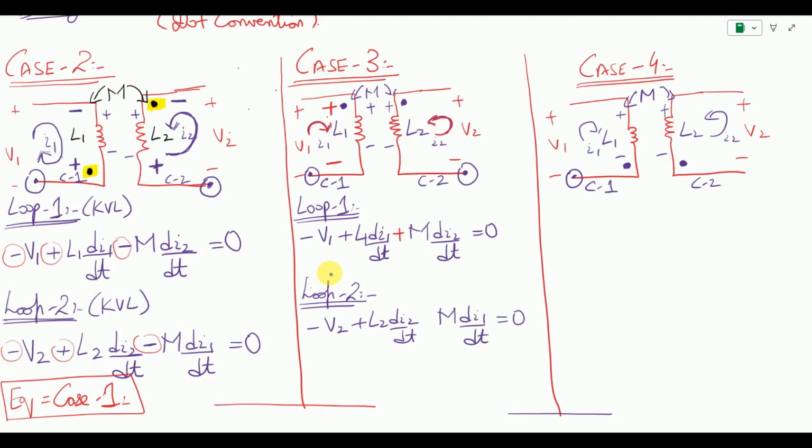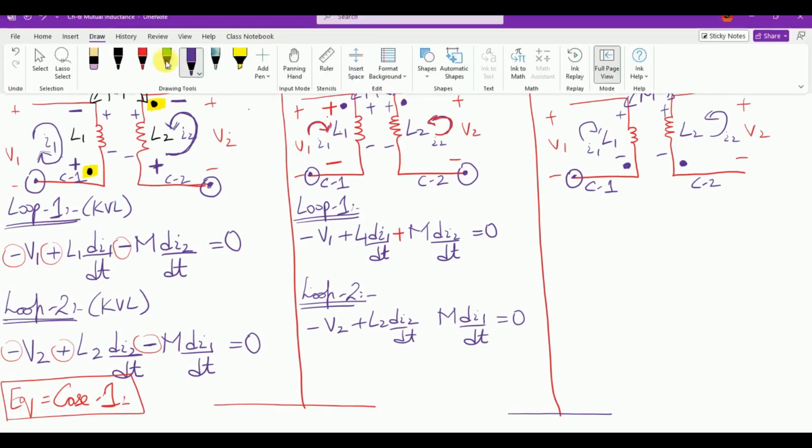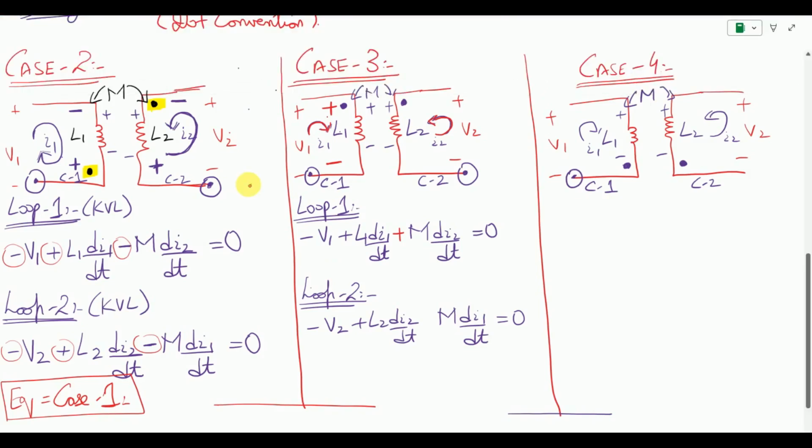What is going to be the sign? In this case, again we have to look at the current flow. We see that the current first enters the terminal and then it leaves. So it's again going to be positive sign over here and negative sign over here. So the mutual coupling will be plus M di1 by dt. So this is how we write the equation for the third case.